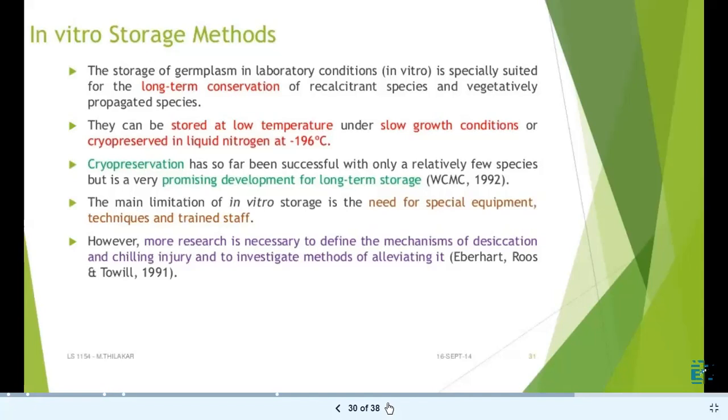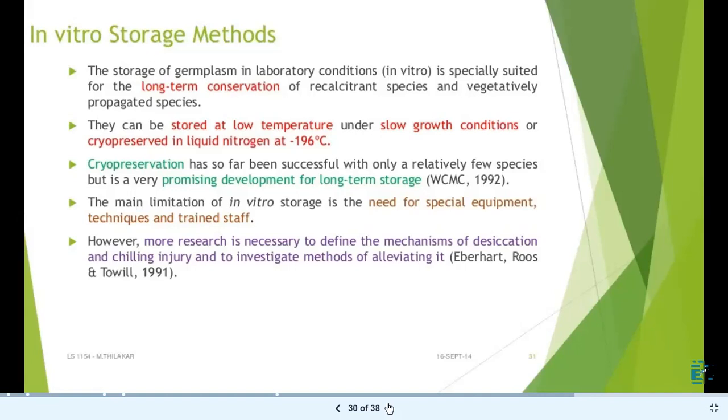They can be stored at low temperatures under slow growth conditions or cryopreserved in liquid nitrogen at minus 196 degrees Celsius. Cryopreservation has so far been successful with only relatively few plant species, but it is a very promising development for long-term storage.